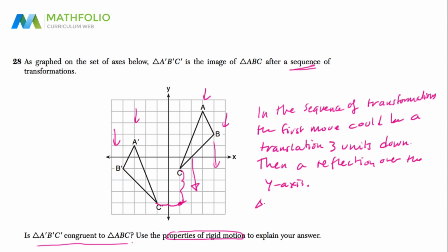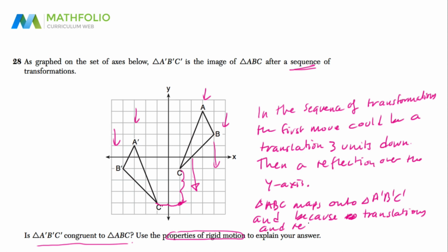So now we would say that triangle ABC maps onto triangle A prime, B prime, C prime, and because translations and reflections are both rigid motions, we know the result proves congruent triangles.